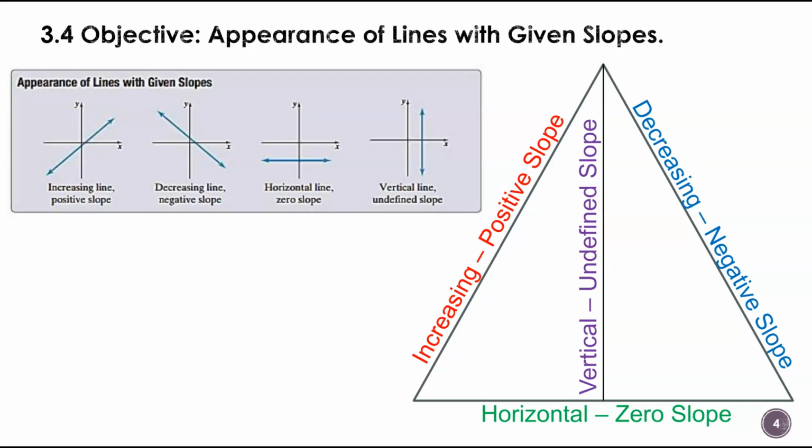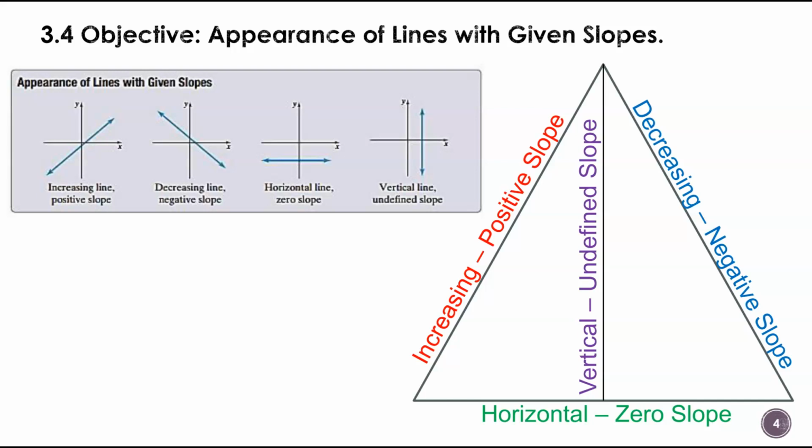If it is decreasing, or falling to the right, that is called a negative slope. And if it's vertical, that's undefined. And horizontal is a zero slope.